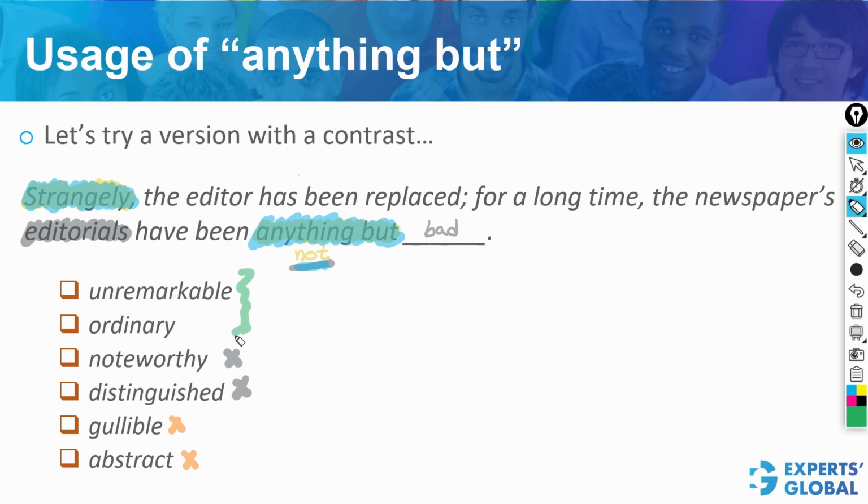Unremarkable and ordinary are not as negative as what we expected, but these words logically complete the sentence and lead to equivalent meaning: that the editor has been strangely replaced while he was not doing an unremarkable or ordinary job, which means he was likely doing a remarkable or extraordinary job. Choices A and B are the correct answer choices.